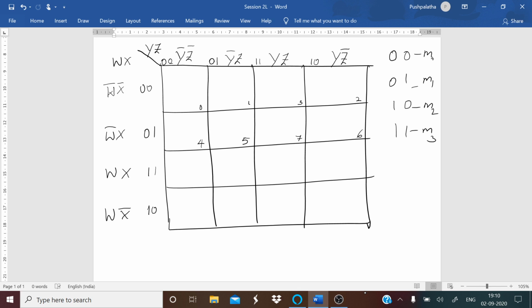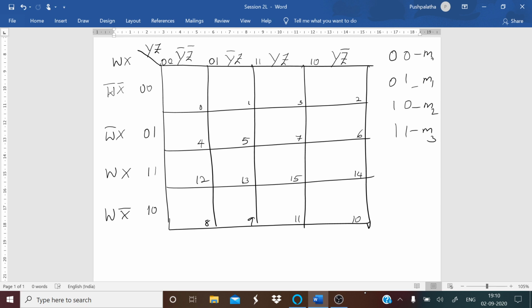So 12, 13, 15, 14, then 8, 9, 11, 10. So this is how you are going to write the k-map for 4 variables.